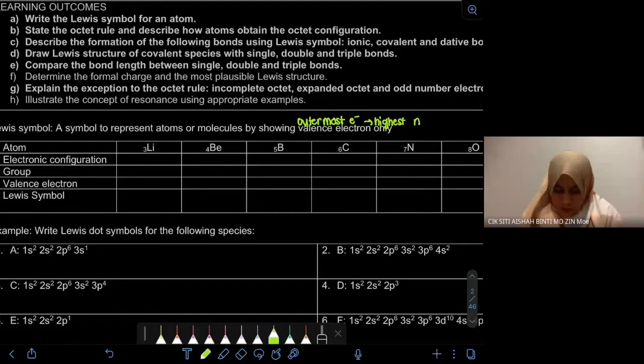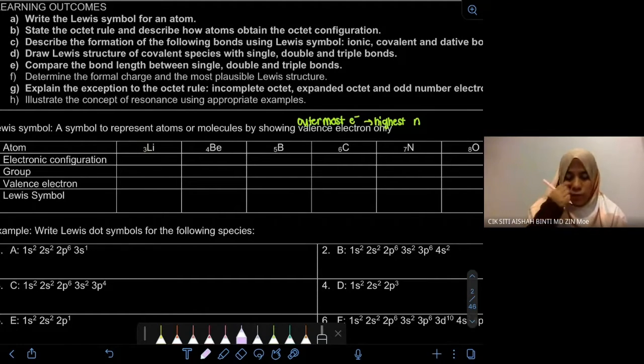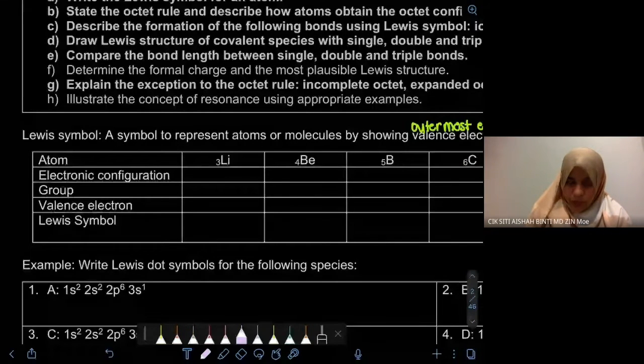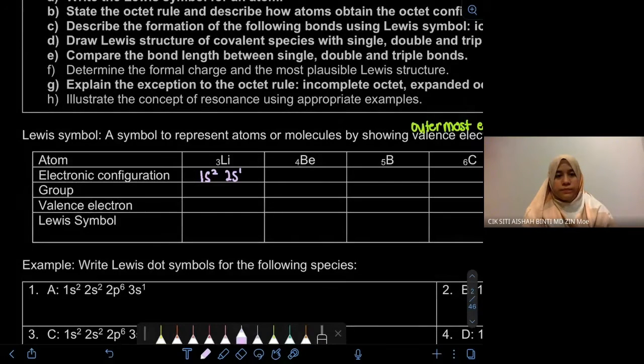So for example, kita punya lithium. Dia punya number of proton is 3. So kita akan write down the electronic configuration based on the proton number. So dekat sini dia punya electronic configuration will be 1s2 2s1.